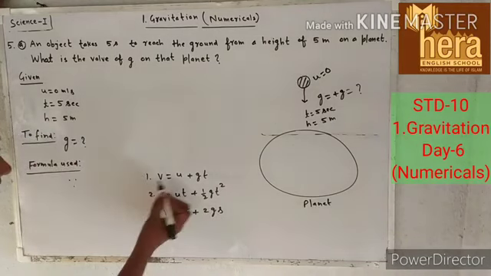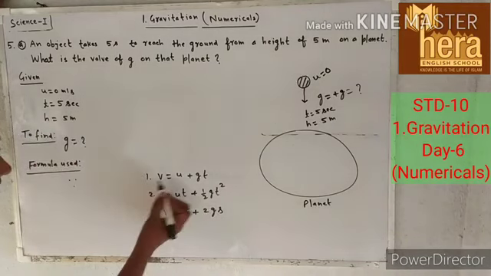So if you use this formula, V is not given, U is given, G we have to find. This is not given, this is not given. So we can't use this formula because there are two unknown variables. If you use this one, V is given or not? Not given. G is given?